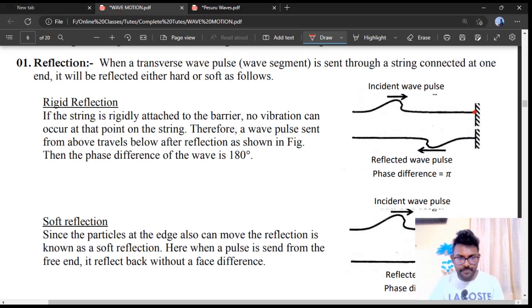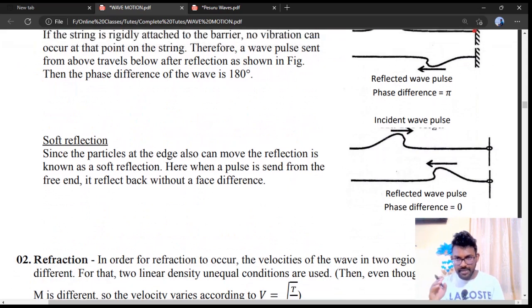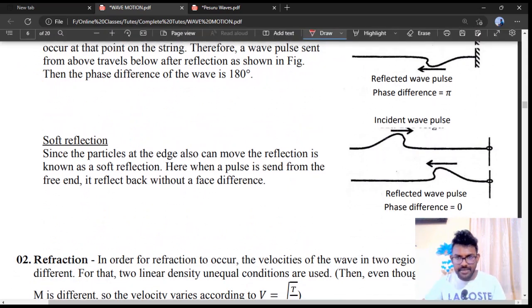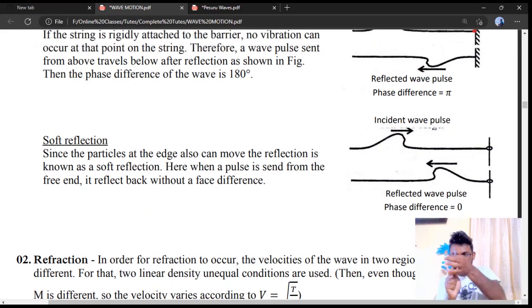So the next one is the soft reflection. When you have a soft reflection, what will happen? Now the same incident pulse we are sending, but here we have a soft connection. How do you make a soft connection? Let's say you have a rod here and there's a ring here. You can have a ring there, and for the ring you can just attach that string. Then once you give it a wave pulse, the wave pulse will come along the wire, and at this point where it is connected to a ring, the ring can also go up and come back down.